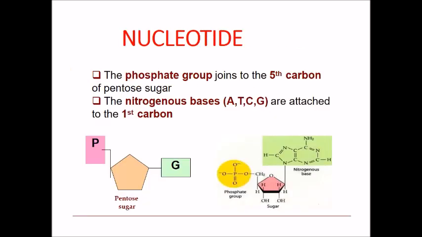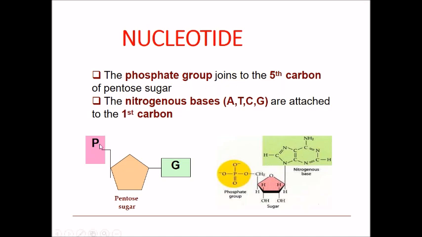Therefore, the nucleotide has one phosphate group, pentose sugar, and also the bases. Pentose sugar is either ribose or deoxyribose. If the pentose sugar is ribose, this nucleotide will make up RNA. If the pentose sugar is deoxyribose, this nucleotide will form DNA structure.